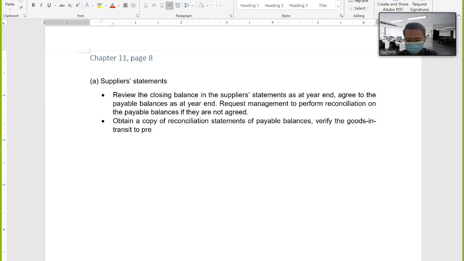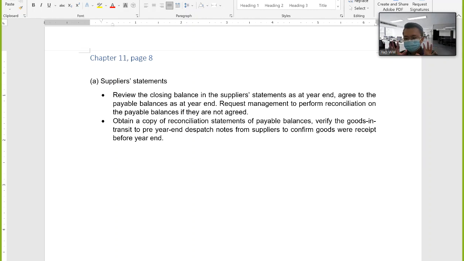So you must verify to the pre-year end dispatch notes from suppliers to confirm goods were received before year end. So that's one thing, goods in transit.